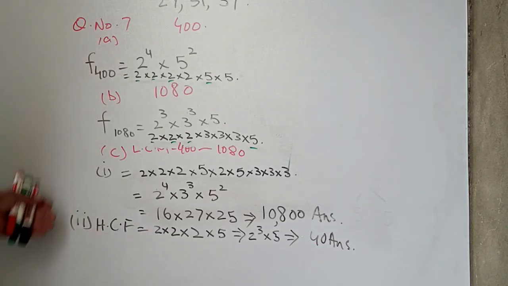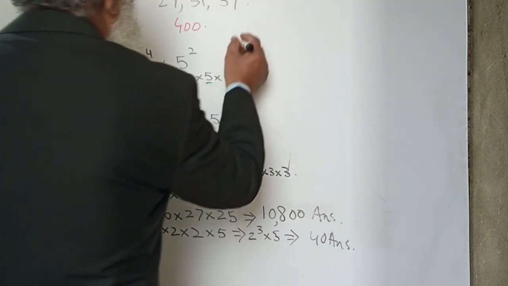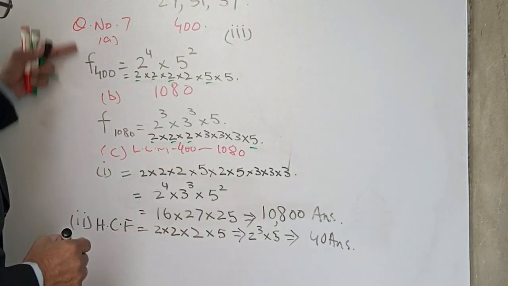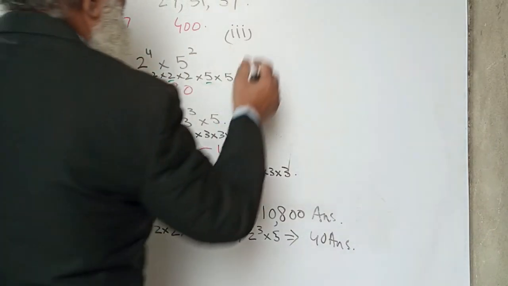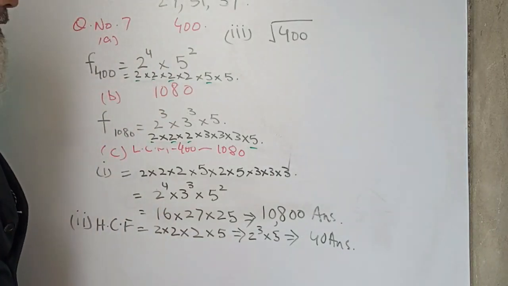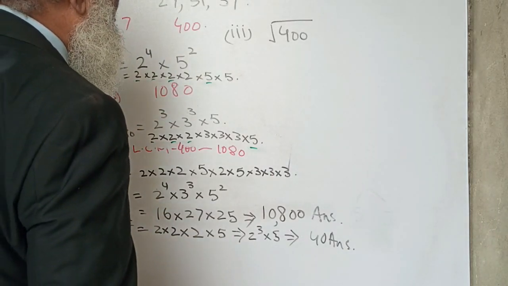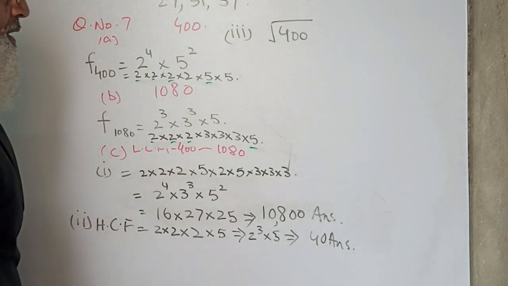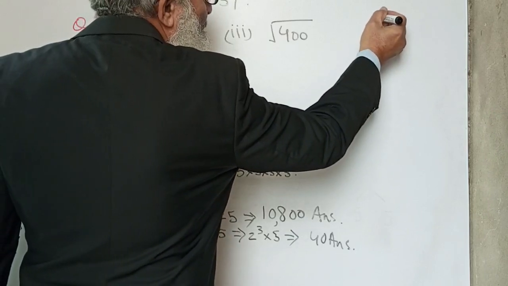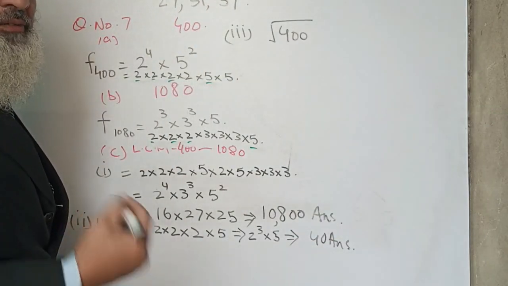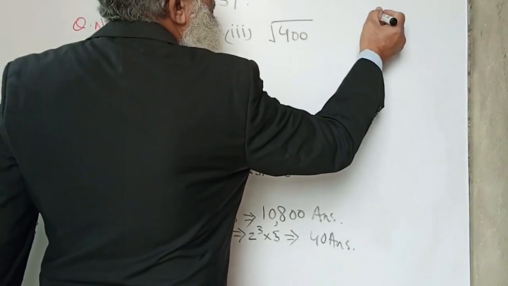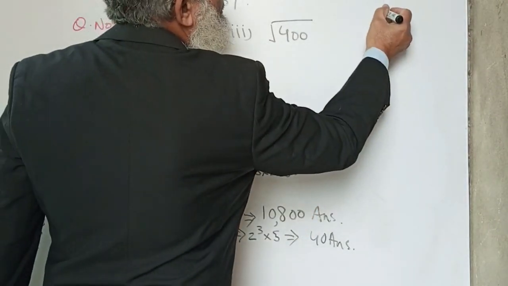Proceeding towards the next part of the same question, part 3. Question number 7, part C, sub part 3: we have to find the square root of 400 now. For the square root, in the division method or the factorization method, let me do it in the division method first.